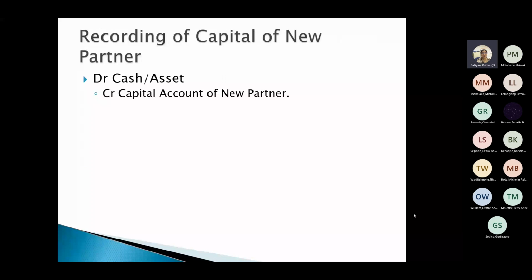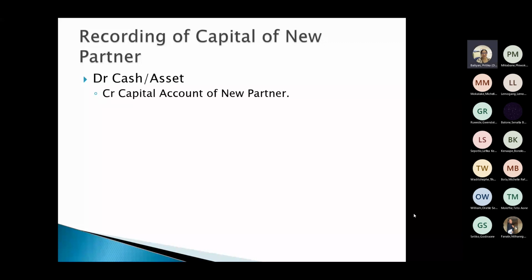So first thing, the recording of capital of the new partner. When the new partner is admitted in the partnership, the new partner brings the capital either in the form of cash, or in the form of a check at the bank, or in the form of an asset. Maybe they are providing land or a building to use for the business purpose.